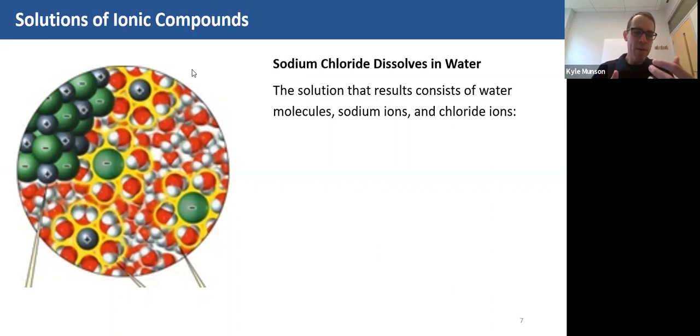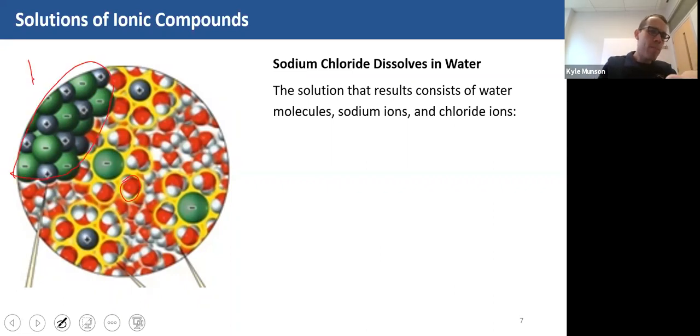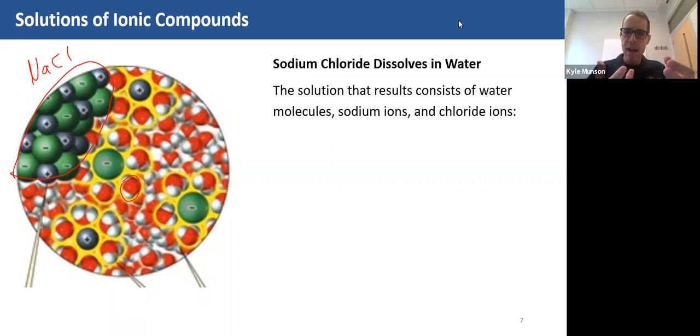So what's happening here at a particulate level is all these guys here are water molecules, and this guy over here is sodium chloride, a hunk of sodium chloride that you've put in water. And what's happening here is the ions in the sodium chloride are attracted to the water molecules.